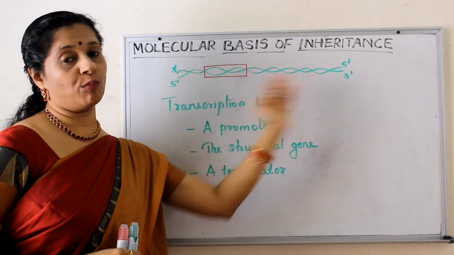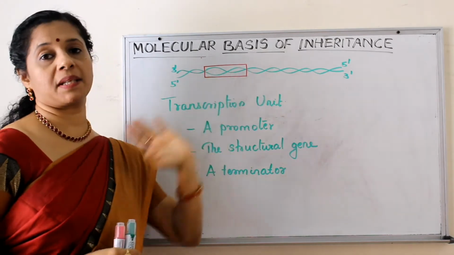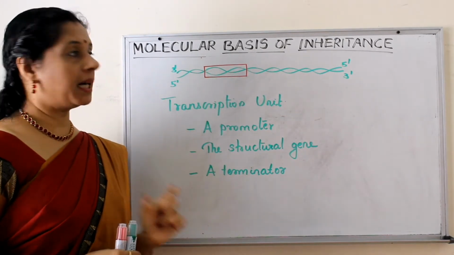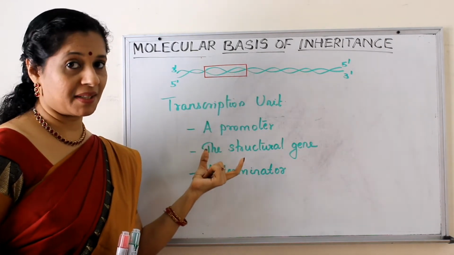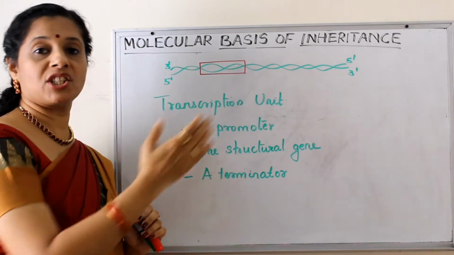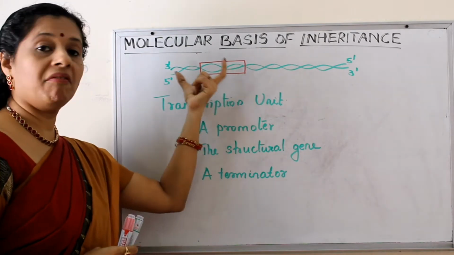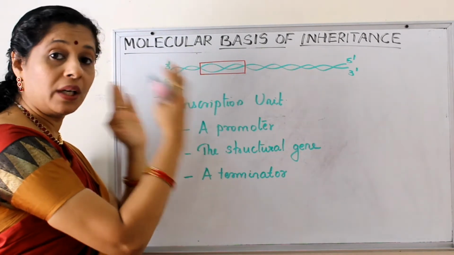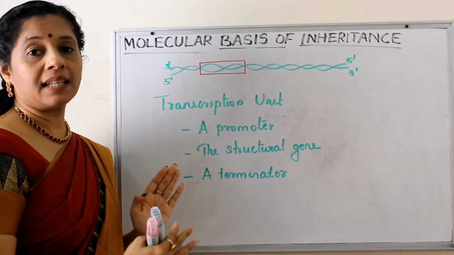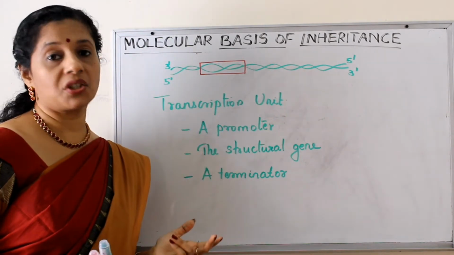DNA is a very long molecule. It has many genes, thousands of genes are there. But at a time, maybe a particular gene needs to be transcribed. How will it be demarcated from the rest of the DNA? So there should be a well-defined starting and ending point so that only that part is copied. Otherwise, the entire length will get transcribed.